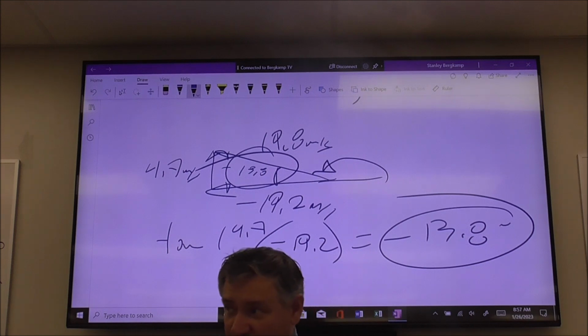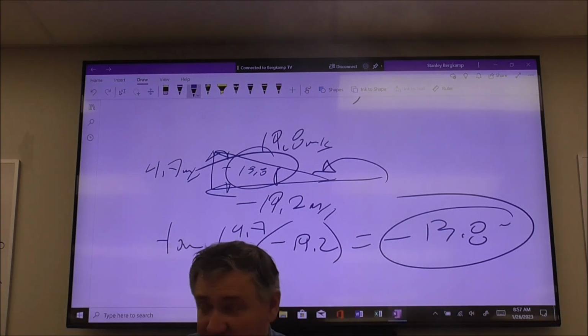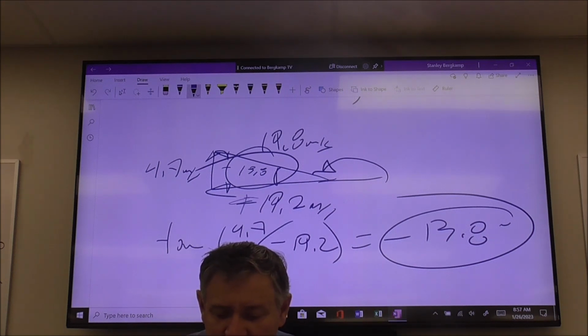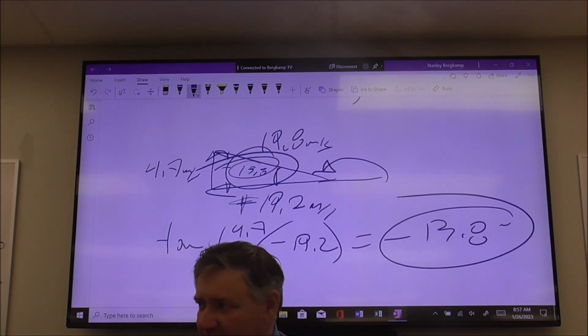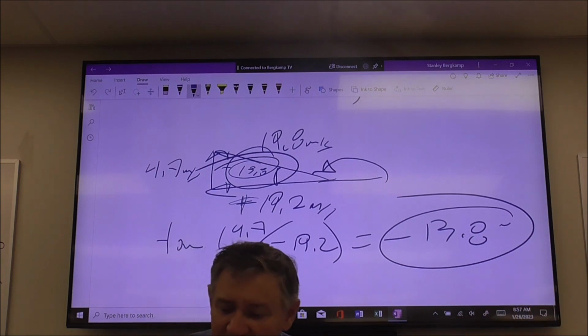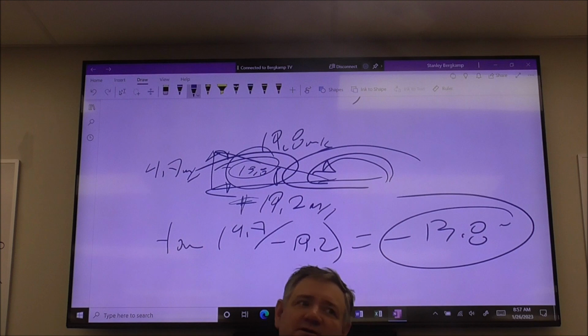So what I would do, if I were you, and you're going to have situations like this where you have positive and negative x and y components, I wouldn't even worry about the negative. I would just find that angle to be 13.8 degrees. But then, how am I going to get that angle on the outside? What am I going to do?